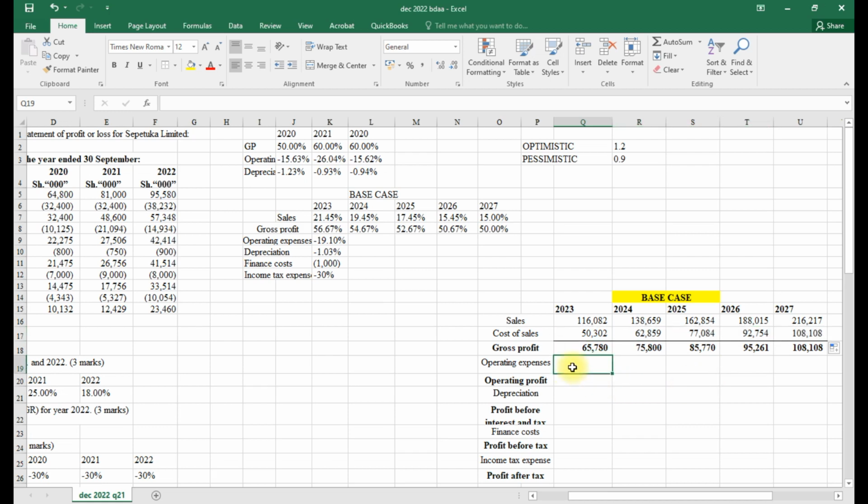And our operating expense is at this particular rate over 19. So I shall take it based on sales, all of them. I'll not lock sales, but I'll partial lock. So these are constant, so I'll fully lock this, because it's a constant, it's not changing. 19, and I enter, and I will drag along that way.